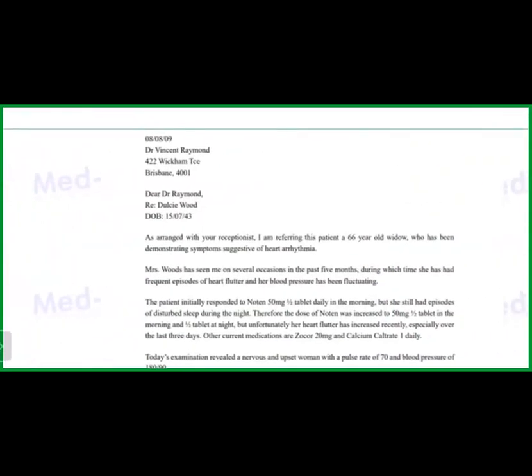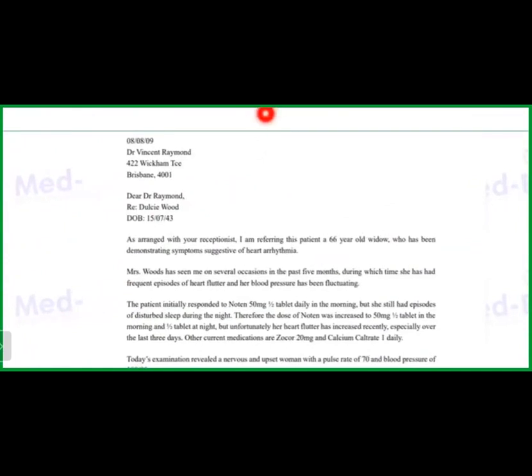So for example, as we discussed, first of all we are going to write the address of the patient. In this one, the date has been written first, or the date can be placed lower down. As I told you, everyone has his or her own format. First the address of the doctor will be written, then the date, then the doctor's name, then the reference, and then comes the date of birth.